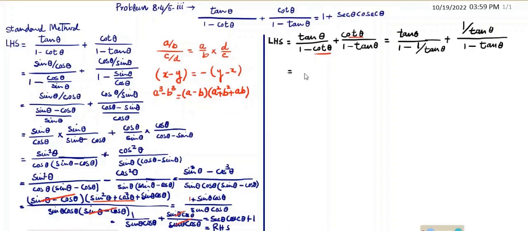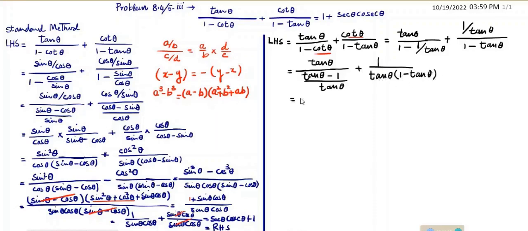Look at the first term, which is again a division of a whole number by a fraction. So numerator will be multiplied by the reciprocal of the denominator, that is tan theta over tan theta minus 1.